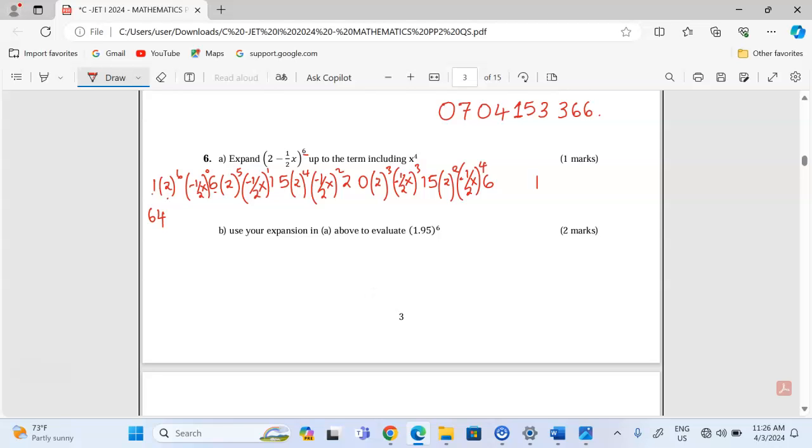Anything power 1 remains the way it is. So it will remain negative half x. So now we'll be multiplying negative half x times 32 times 6, and this will be negative 96 x.